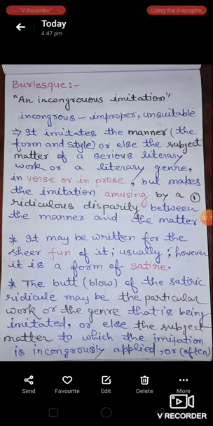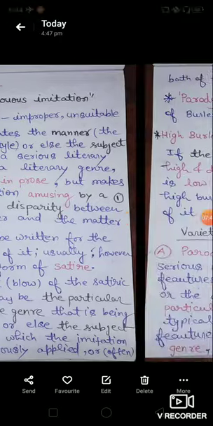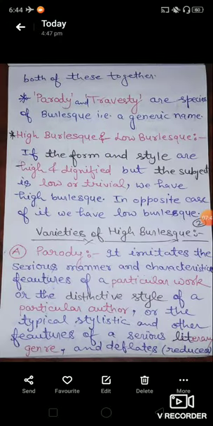It can be that particular work or the genre that is being imitated, or else the subject matter to which the imitation is incongruously applied. Means in a very irregular manner, in a very unstable manner, that imitation is being applied there on the particular work or the genre or the subject matter. Or often both of these together.